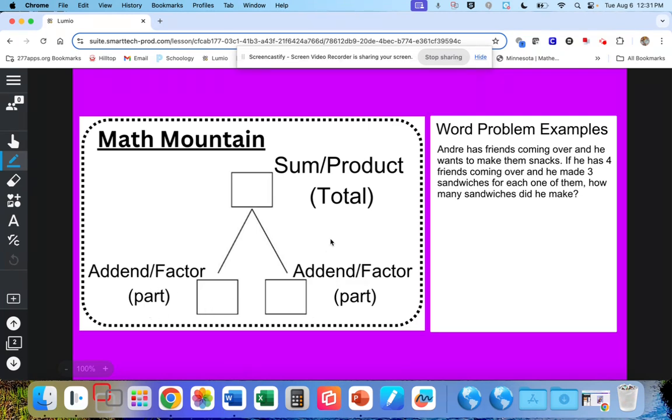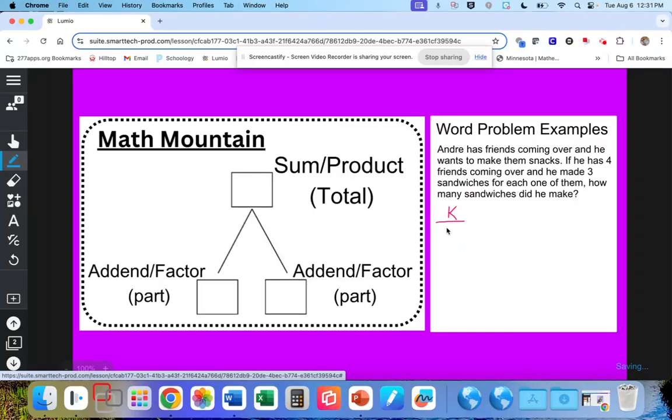The bottom numbers are called addends if you are adding, or factors if you are multiplying, and those are your parts. So when we are tackling a word problem, we always want to start with our knowns, our known information within the problem. Now we can start by just finding numbers right within without even reading the problem, because that helps a lot of times figure out the information we're probably going to need.